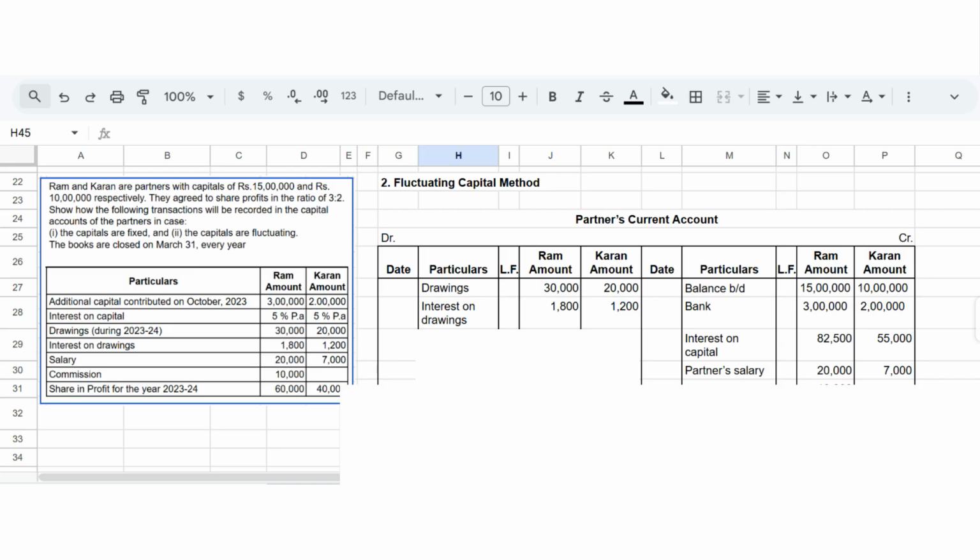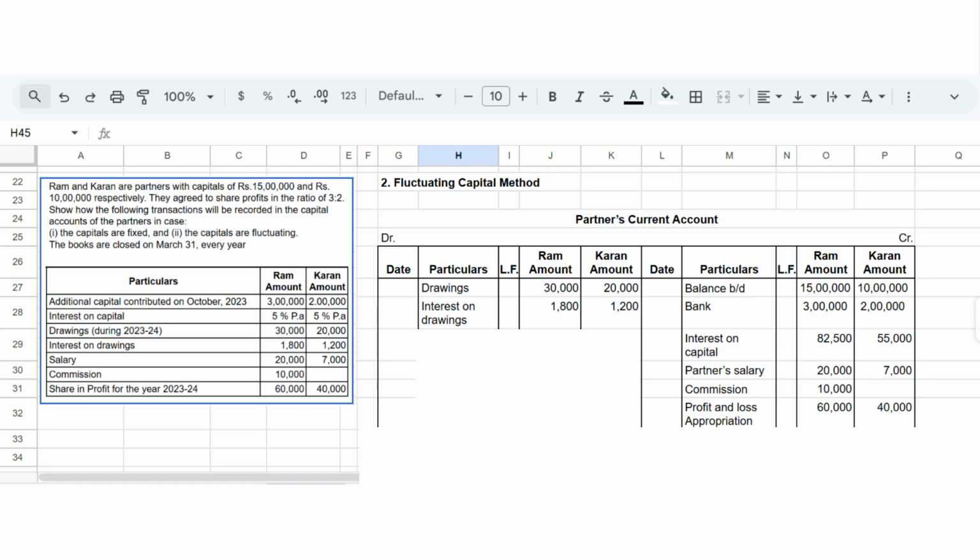Next, commission, that is 10,000. That is only for Ram. So credit side, commission 10,000 rupees. Then share in profit for the year 2023-24, that is 60,000 and 40,000. Credit side, profit and loss appropriation 60,000 and 40,000.